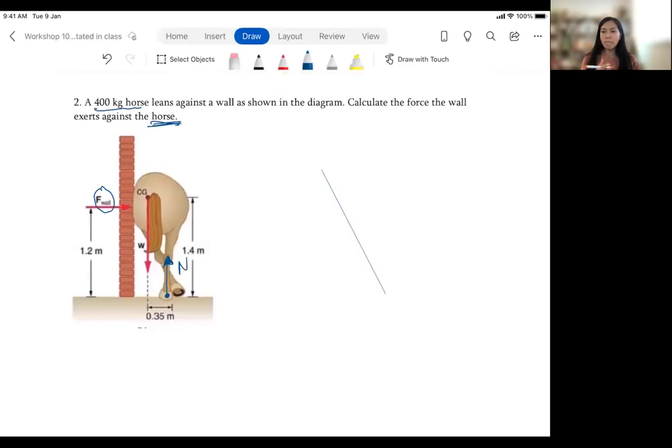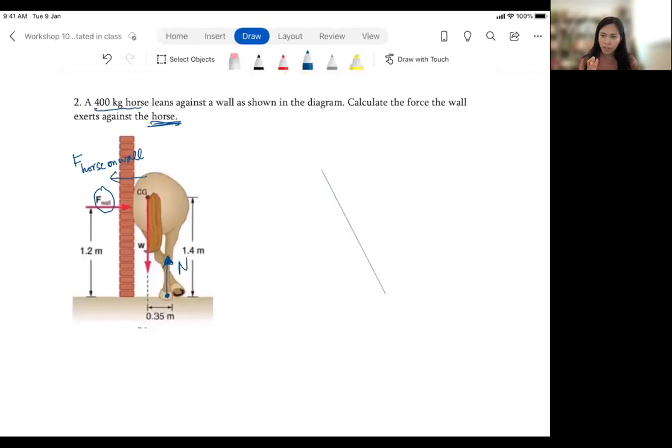Okay, the force the horse exerts on the wall, that's a consequence of Newton's third law of motion, right? So the wall exerts a force on the horse that's to the right. As a consequence, the horse exerts a force on the wall that is to the left. Okay, so you're right, there is a force exerted by the horse on the wall and it's to the left, but the force is exerted on the wall.